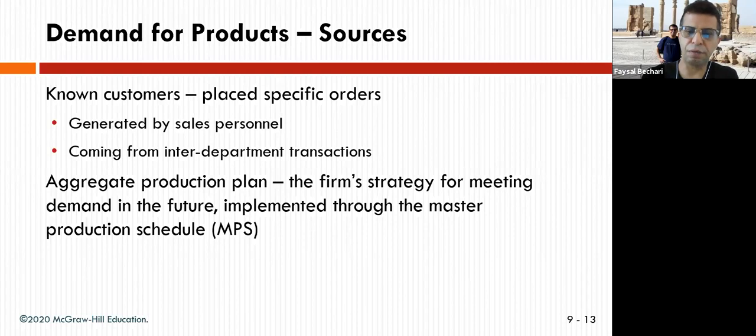Aggregate production plan, the firm strategy for meeting the demand in the future, implemented through the master production plan. So when the salespeople in marketing, especially the marketing, will forecast the demand, it will enter to MPS, and the MPS will give the order to MRP, and the MRP will give the results saying how and when we're going to have these amounts ready, subtracting what we have in the warehouse.